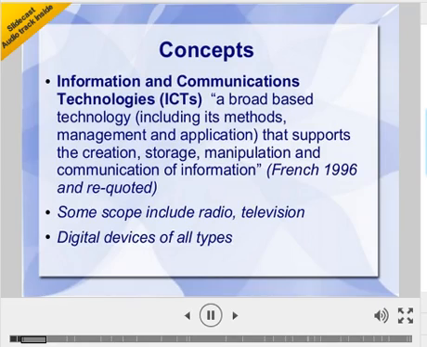So the definition of information and communications technology: broad-based technology, including the methods, management, and applications that support the creation, storage, manipulation, and communication of information. And this is a 1996 definition from French. It's a very old definition, but one that is still relevant.